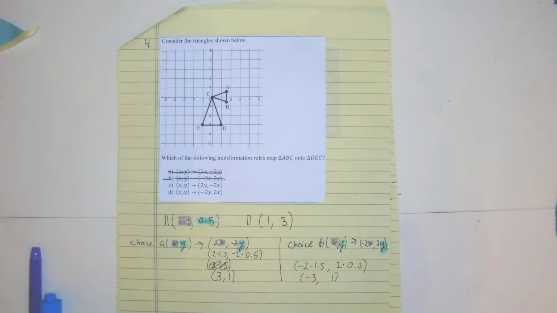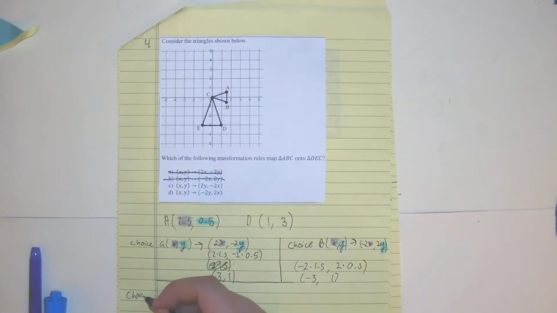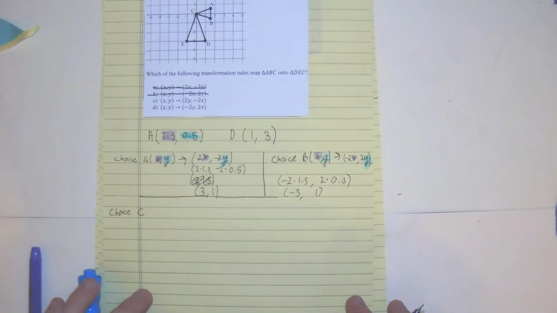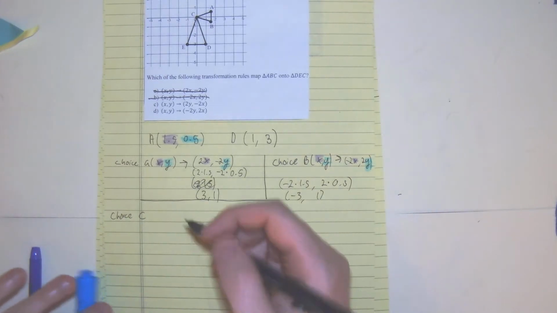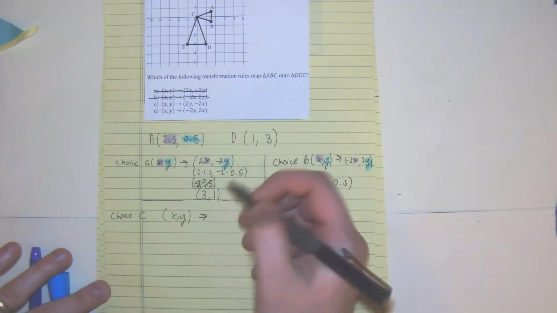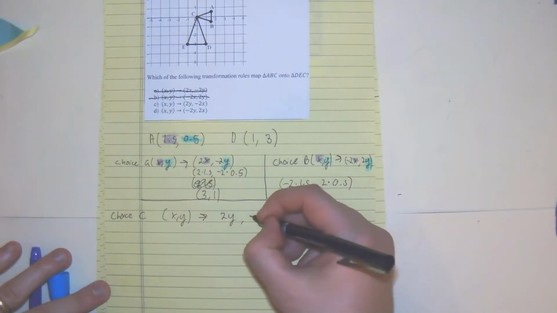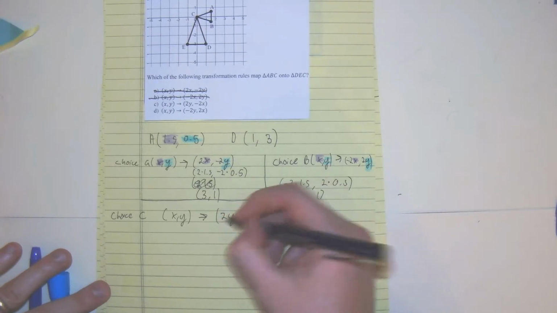For choice C, I'm going to move this up because we really don't need to see that now. We have X to Y, and then 2Y, 2X.